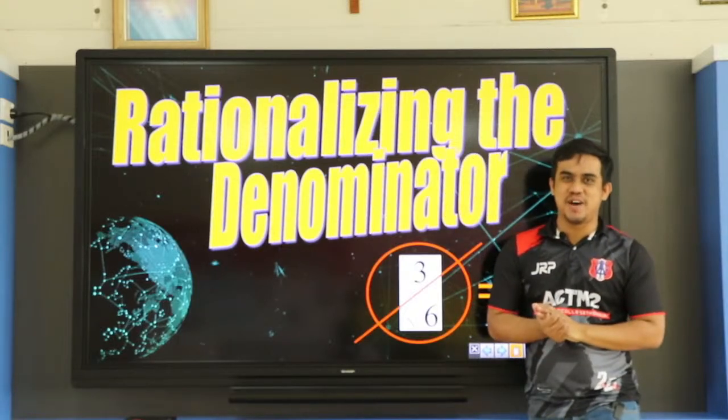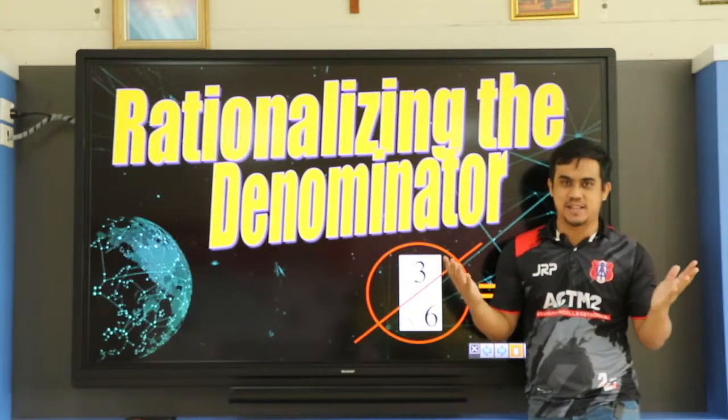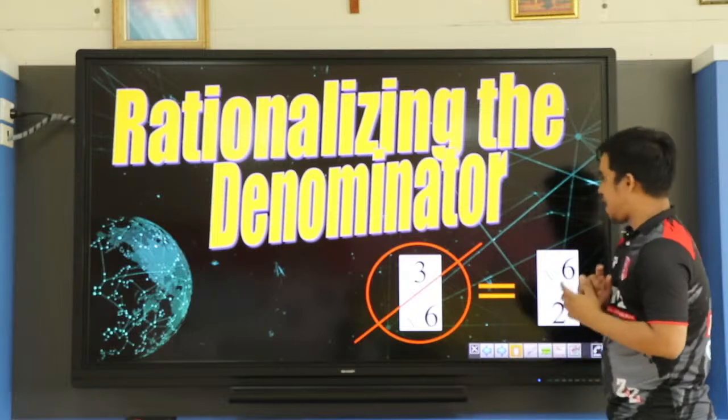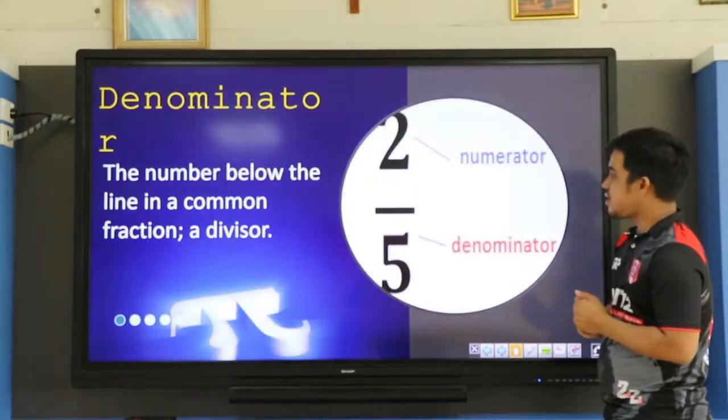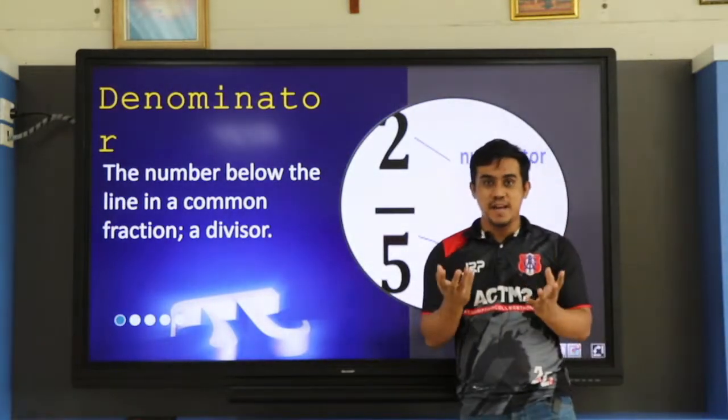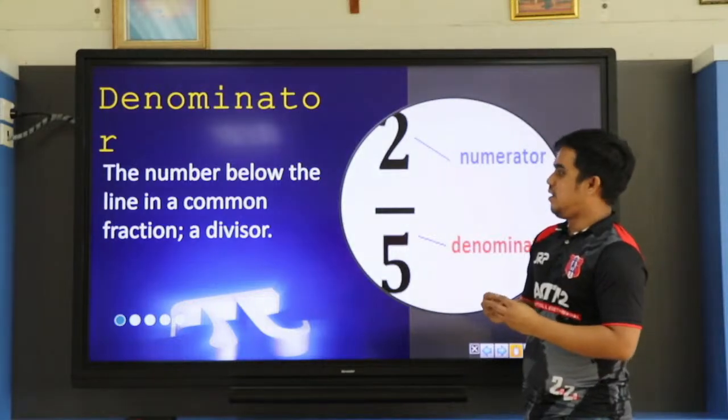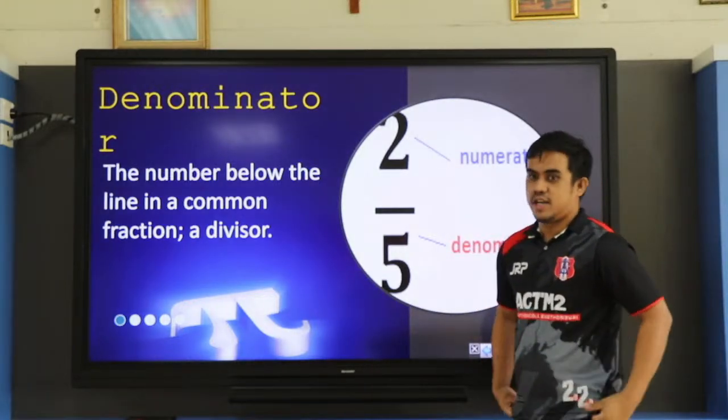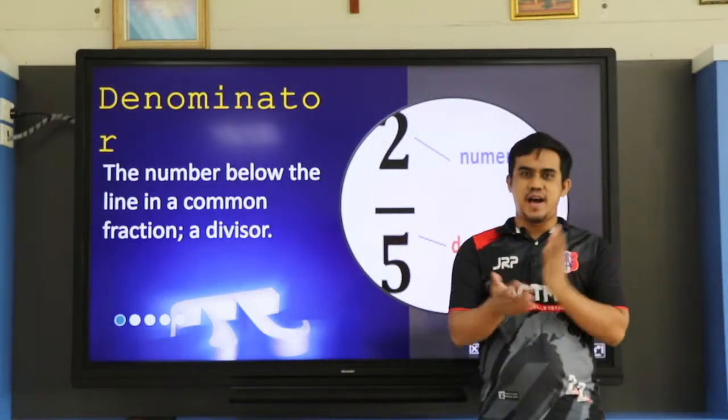So let's review now rationalizing the denominator. Let's start with the vocabularies. Remember that the denominator is the number below the line in a common fraction. That is a divisor.